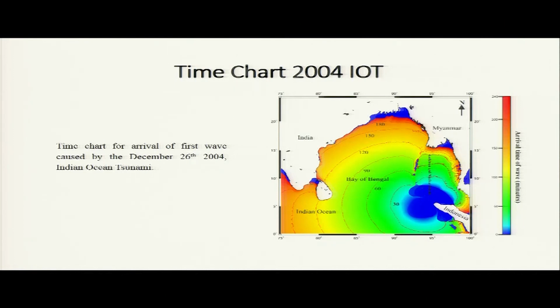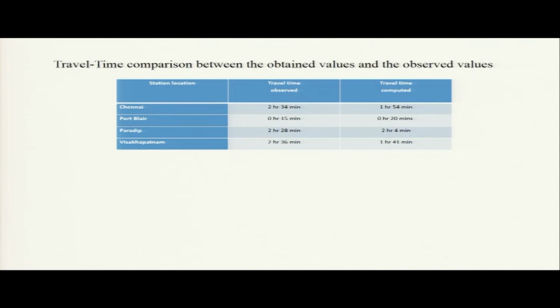So, what we have done is compare the travel times between the obtained values and the observed values. As you can see, these are the gauge stations which we need to put in the modeling part: Chennai, Port Blair, Paradip and Visakhapatnam. In Chennai, the observed time was 2 hours 34 minutes, but the model gave us around 1 hour 54 minutes.